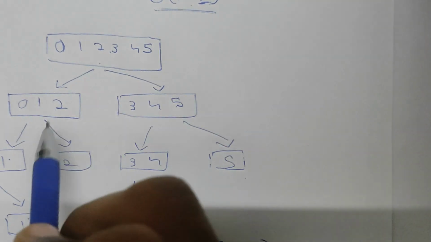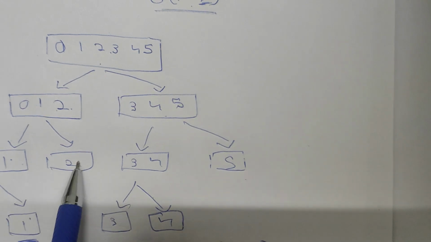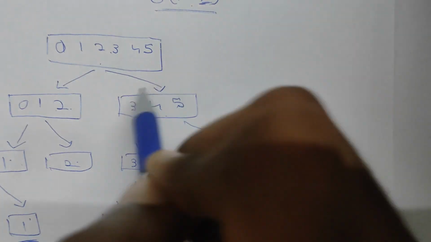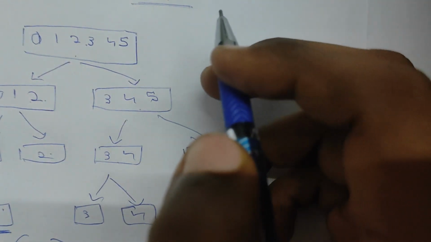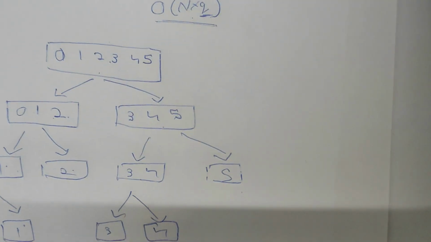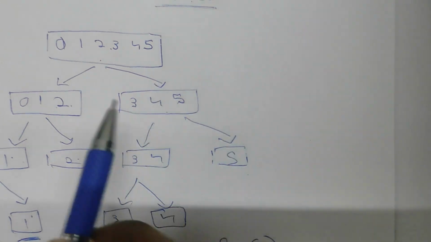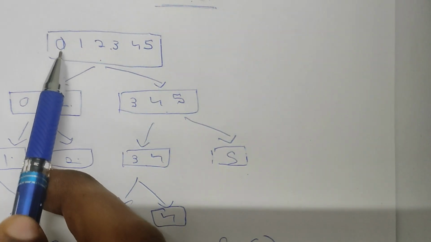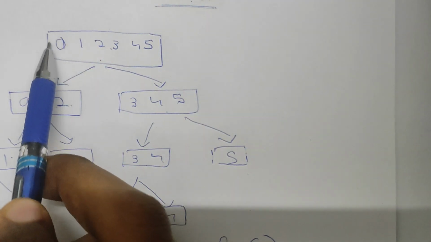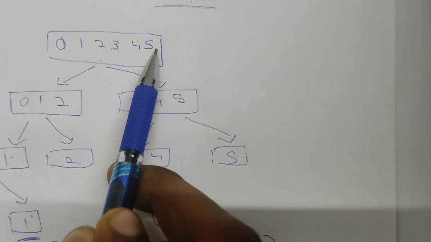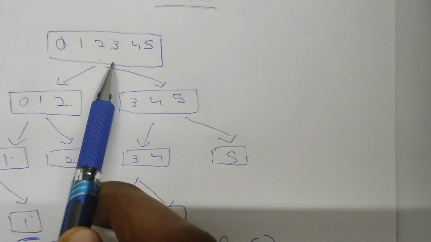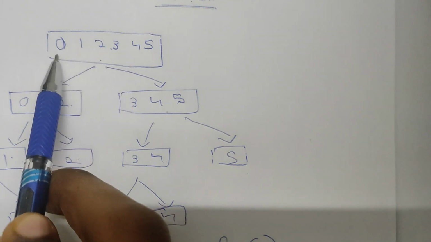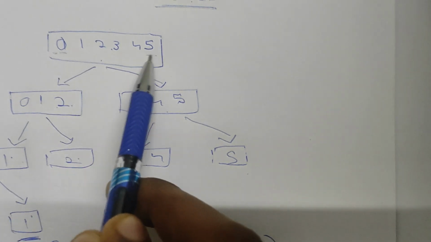Suppose this is a node, this is a node, this is a node. All these squares are nodes. So for each node we will be choosing elements on the leftmost side and on the rightmost side. On a particular node we will be only dealing with selecting the leftmost element and the rightmost element.